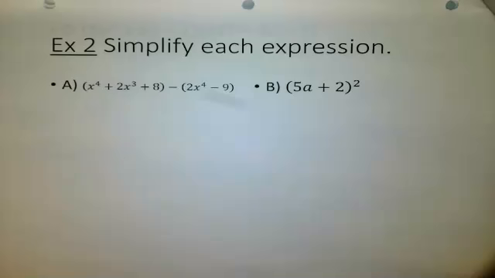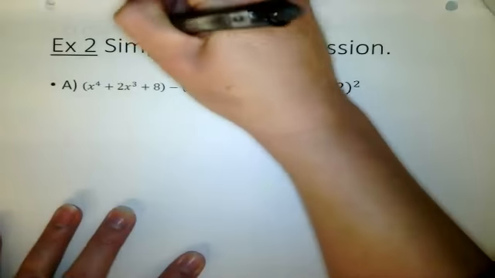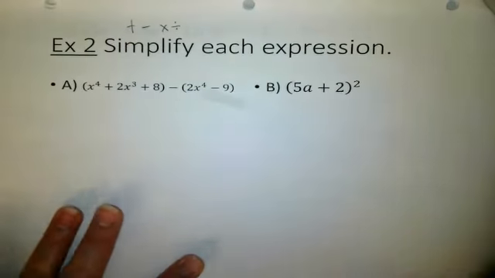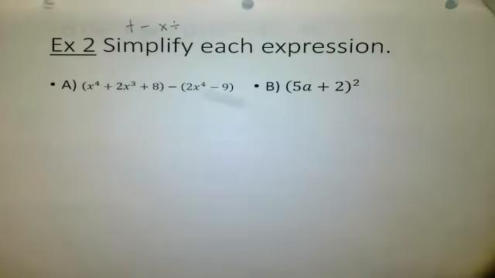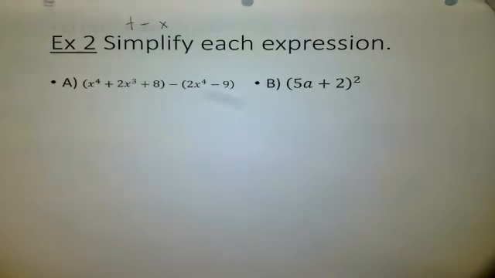By simplify each expression, you are looking at whether or not we are adding, subtracting, multiplying, or dividing polynomials. Oh, we're not going to divide. Add, subtract, or multiply. We'll be dividing later. And so with letter A here, we have x to the fourth plus 2x cubed plus 8. And then a symbol. What operation are we doing for the letter A?